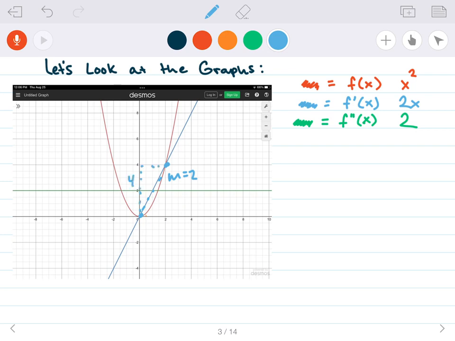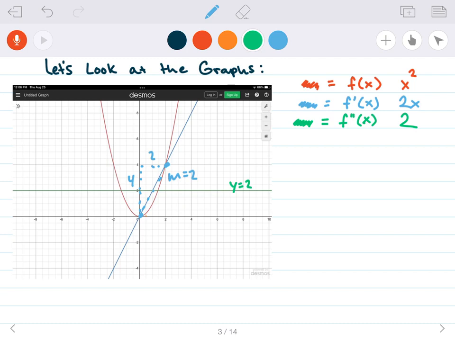So we rise 4, run 2, so our slope is 2, and so that occurs at every single point, right? The slope is always going to be the same on a line between any 2 points. And so that's telling me that the derivative is going to be a constant function graphed at y equals 2, as we can see right here.